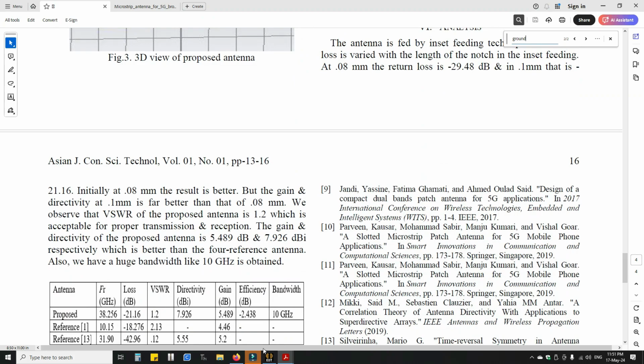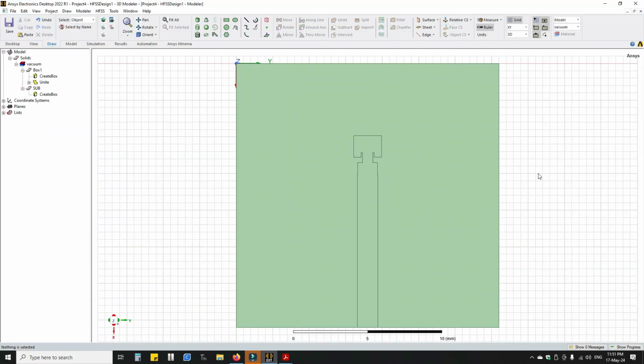Anyway, this is how we are going to design an antenna in Ansys. I'm not diving deep into the simulation part because there are a lot more videos available on the internet. Designing is difficult.